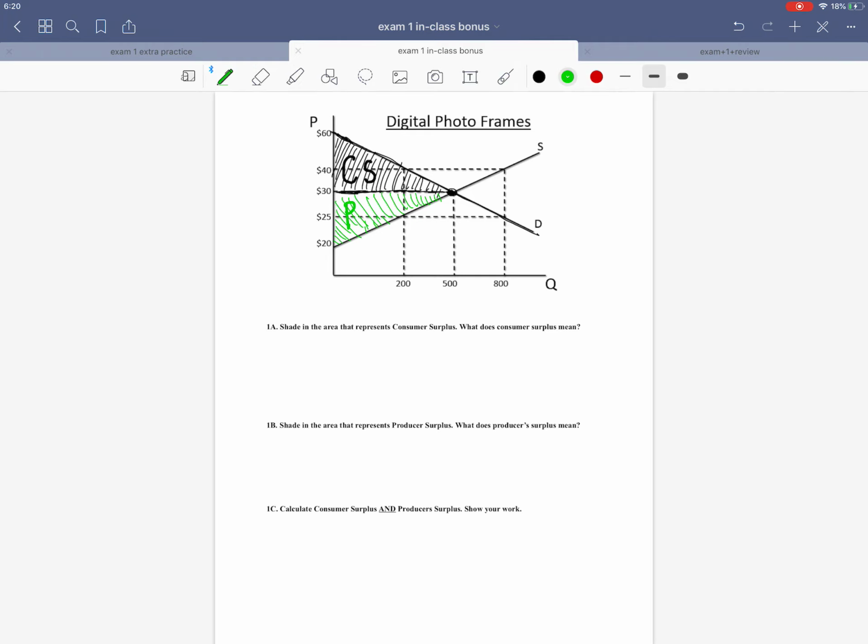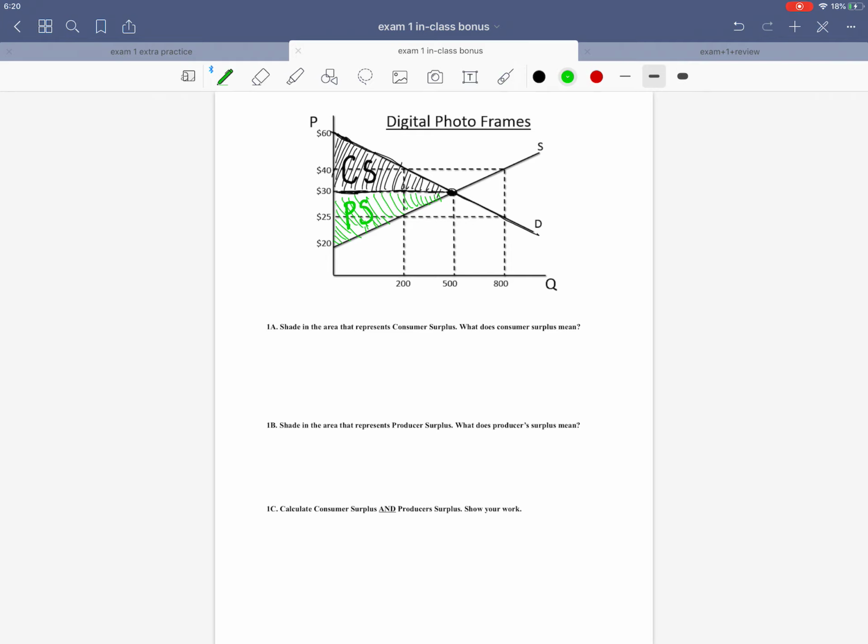So this is our producer surplus. And I guess I kind of answered A and B here. So once again, the consumer surplus is going to be that difference between what the consumers are willing to pay and what they actually pay. And the producer surplus is going to be the difference between what the firm is willing to accept and what they actually receive.